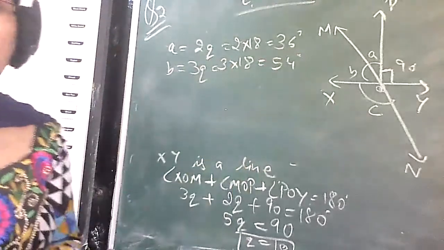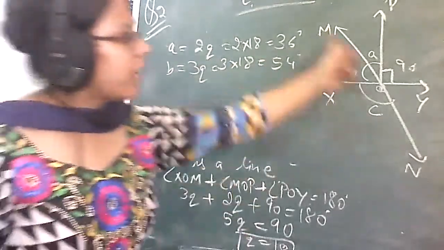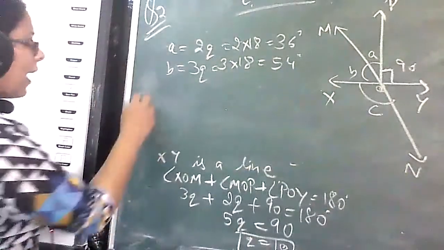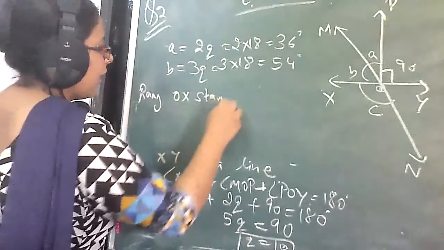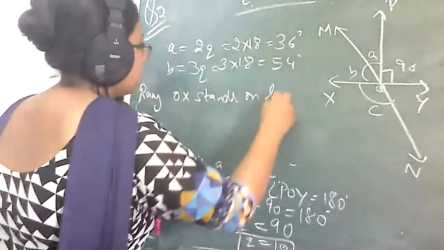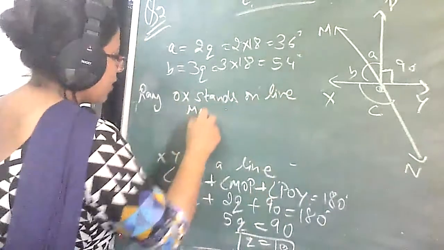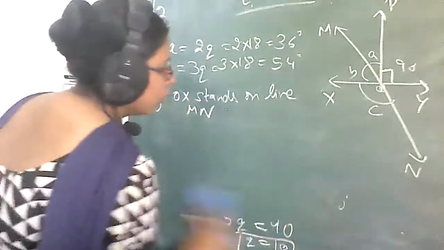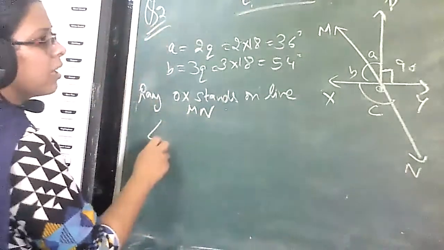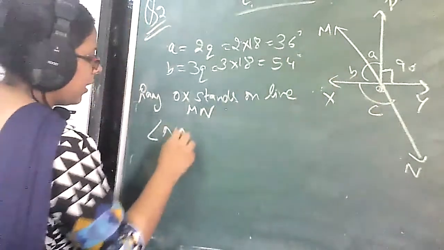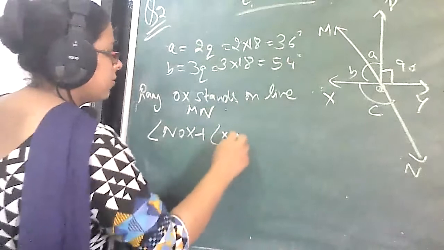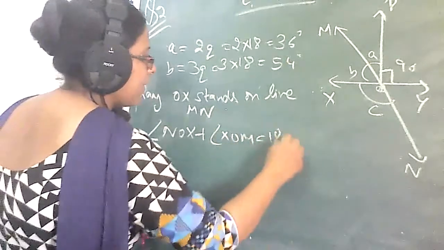Now, since we have to find C, and we know that MN is also a line, I can say that ray OX stands on line MN. Therefore, angle NOX plus angle XOM will be equal to 180 degrees by linear pair axiom.